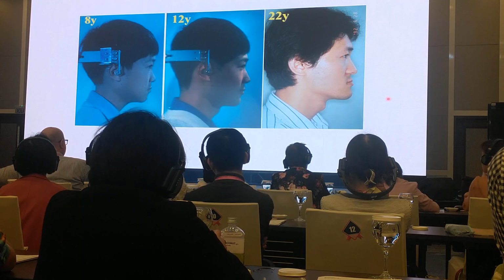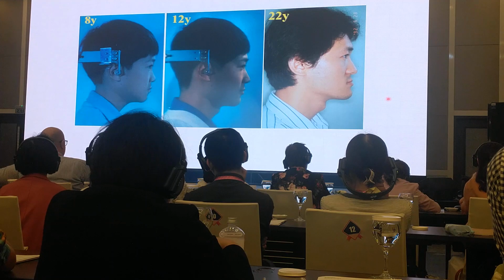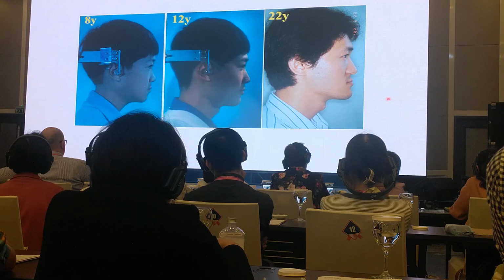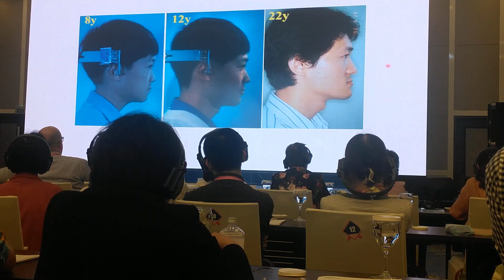Therefore, more influence for posterior discrepancy at that type of age. Therefore, after 20 years old, the patient returns with this kind of problem.